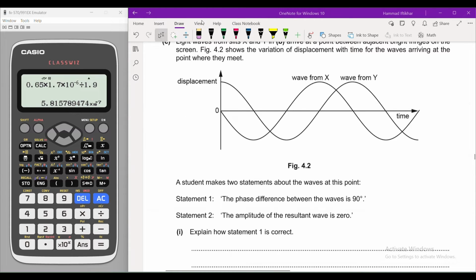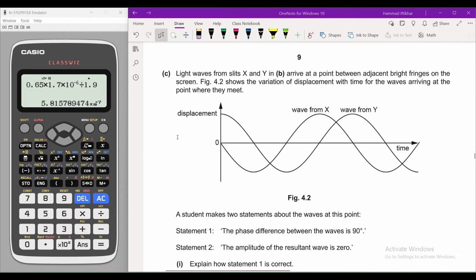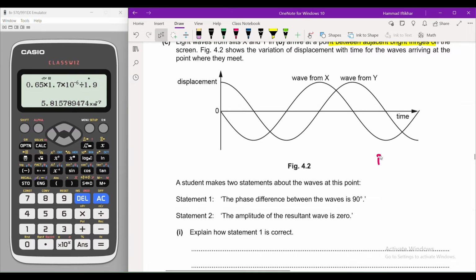Okay, since they were talking about the point between adjacent bright fringes, they are talking about the dark fringe. And for the dark fringe, we know that the path difference is calculated as odd multiples of half wavelengths, where n is 1, 2, 3, and so on.